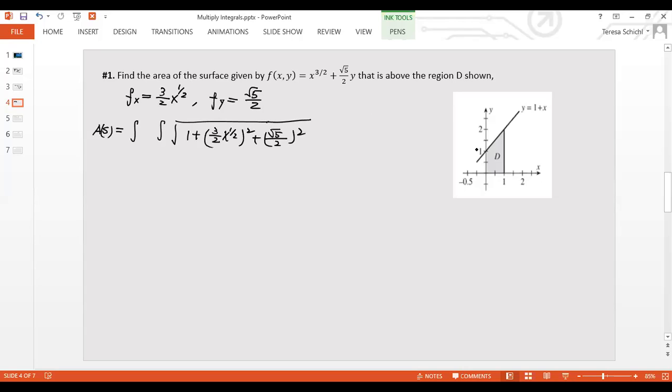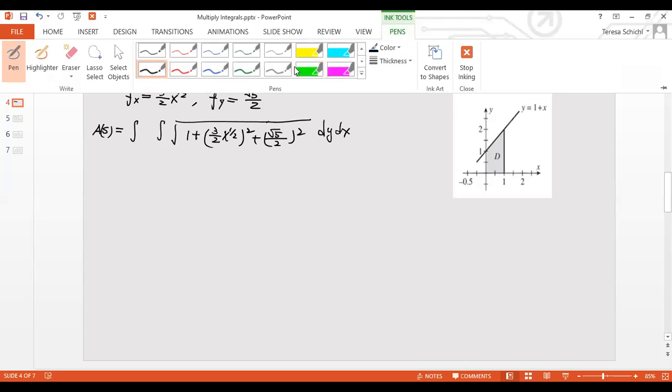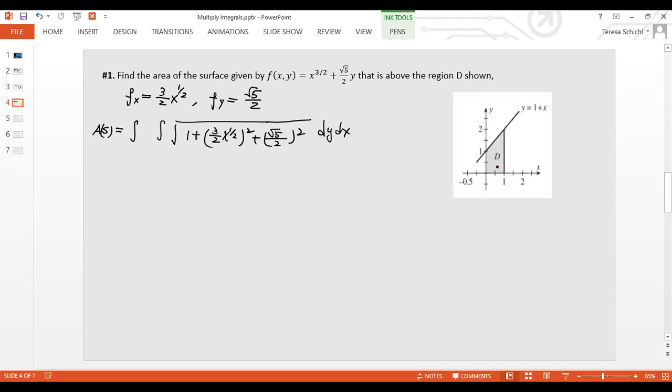In this region we need to be careful. You can integrate either one first, so I will do dy dx first. The dy means I'm integrating along the y direction, and the boundaries have to match.